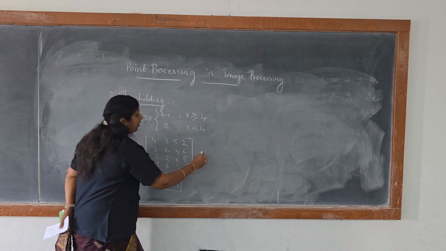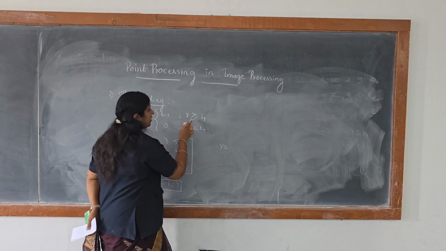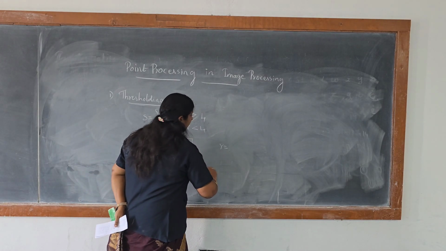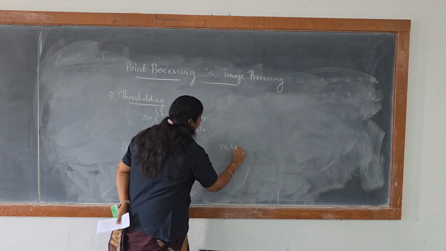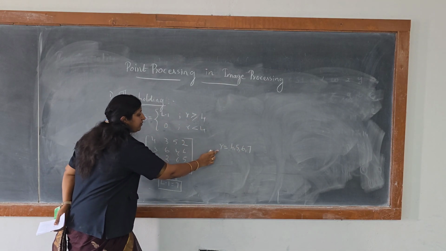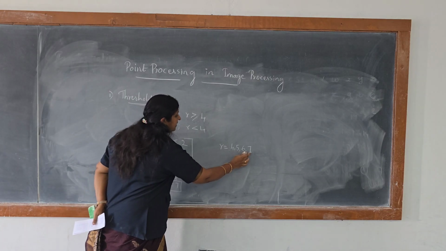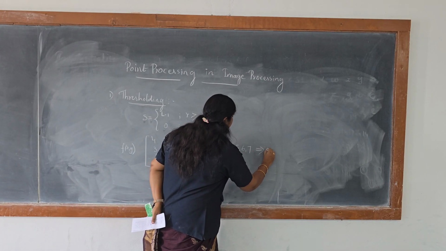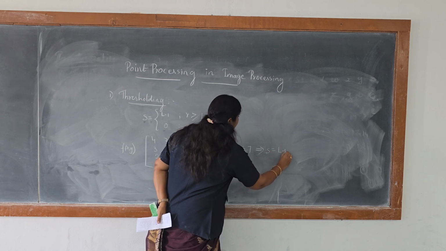So if R values are greater than or equal to 4, that means 4, 5, 6 and 7, then the S value will be L minus 1.